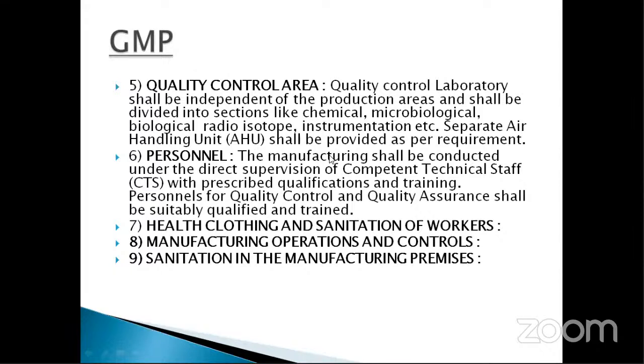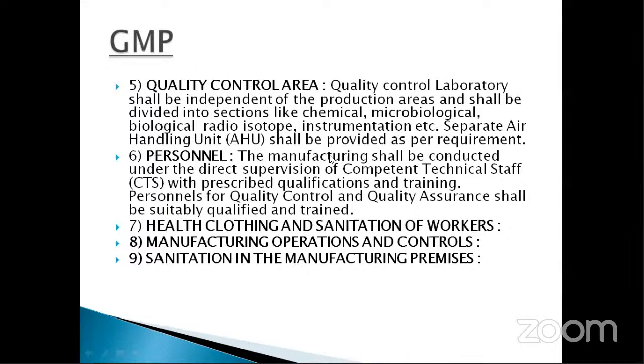Smoking, eating, drinking, chewing, or keeping plants, food, drink, and any personal medicines shall not be permitted inside the production and quality control laboratory area, or inside the storage of drugs area. So within the manufacturing facility areas, smoking, eating, and drinking will not be allowed.